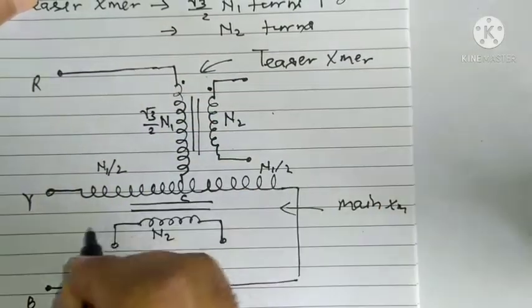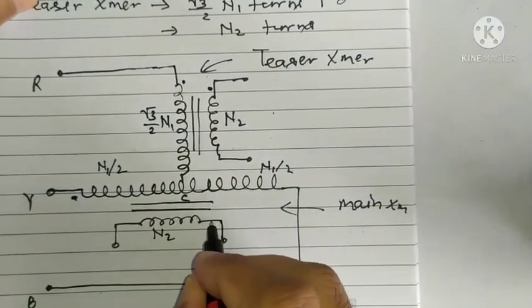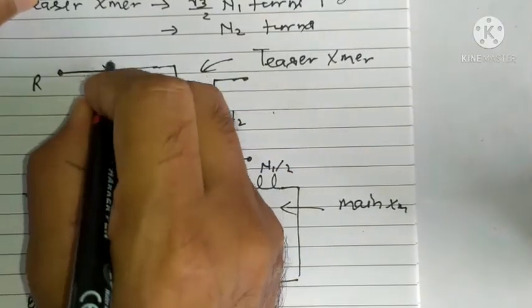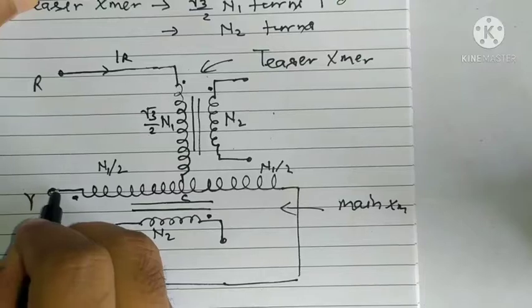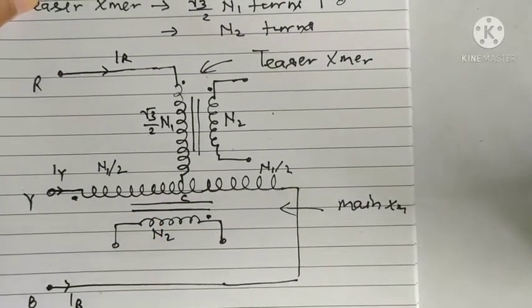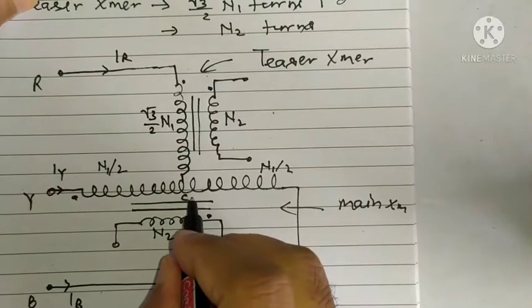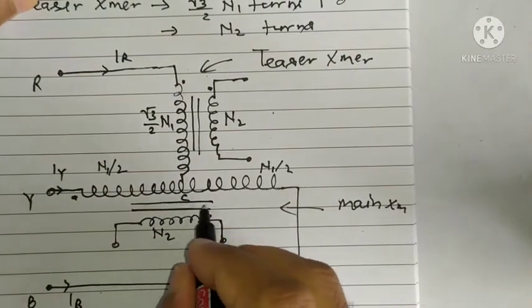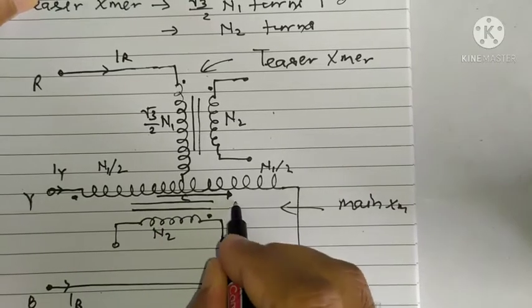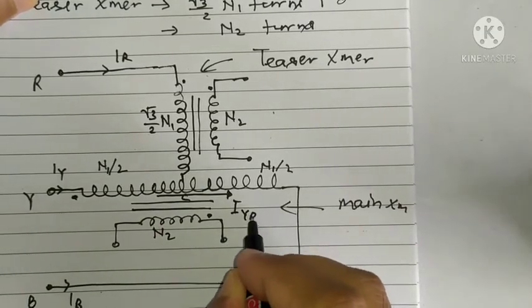These are the dots. Current here is IR, here current is IY, and here current is IB. So current from here to here I will write as IYB.